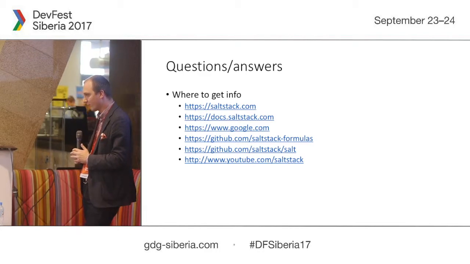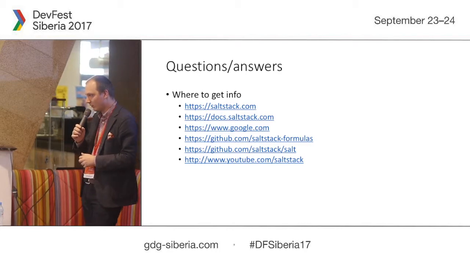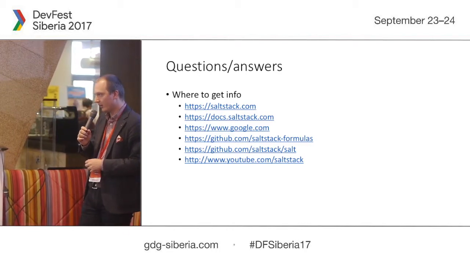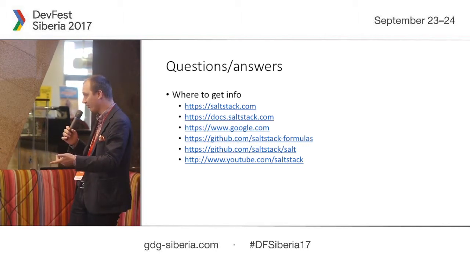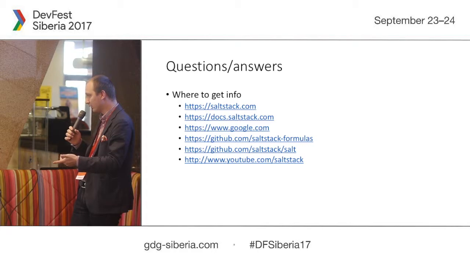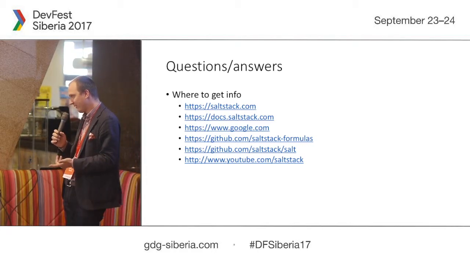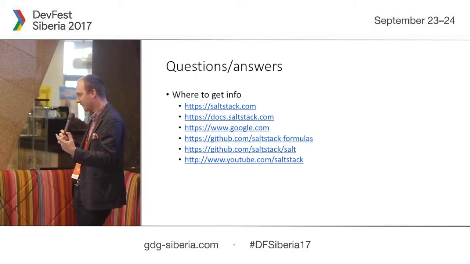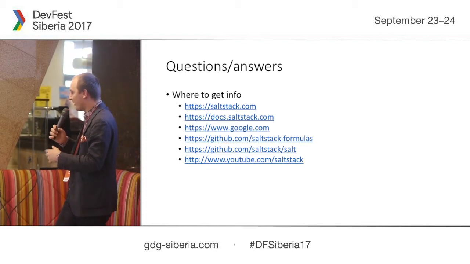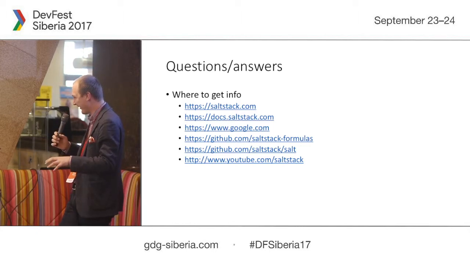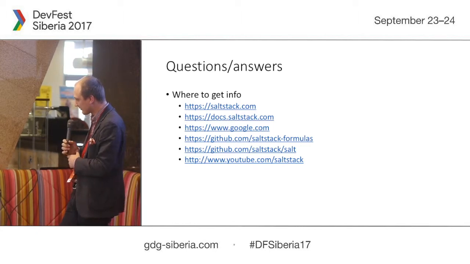Why were they there rather than just in pillar? You mean rather than just in the state file, in this map jinja file? Either the state file or in pillar data. Well, they are in pillar now, and I don't quite understand your question. Why should I put these things there? Okay, I understand. I was confused a little.